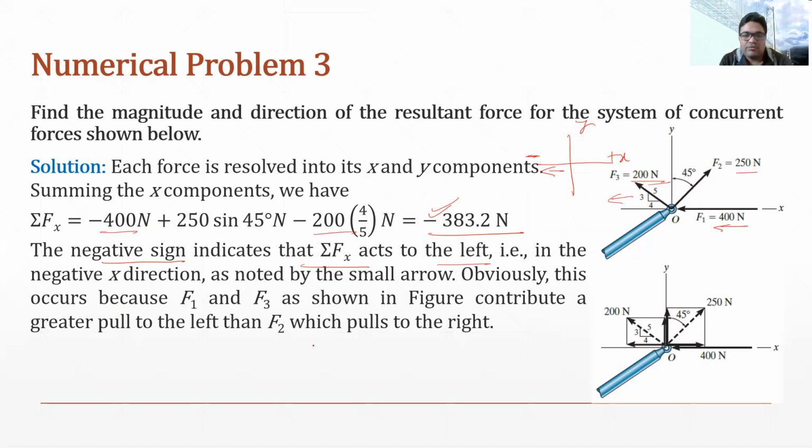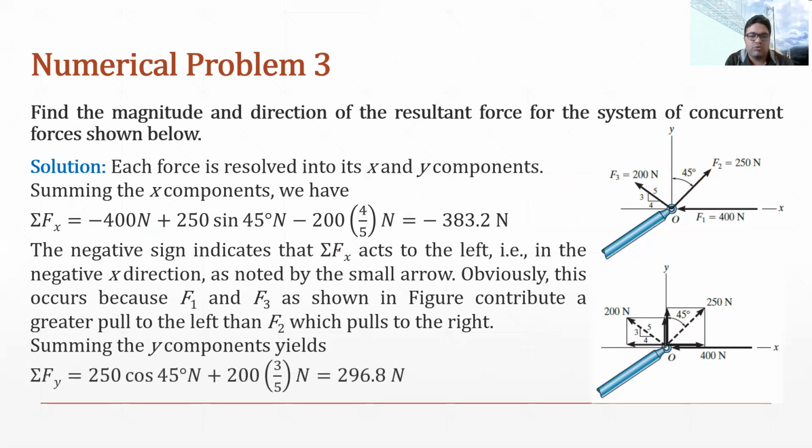Now we will find out the vertical summation, which means summation of Fy. In the summation of Fy, only two forces will be considered because, as I said, F1 will not have a vertical component. So we will have only two forces in the vertical part, the vertical component of F2 and the vertical component of F3.